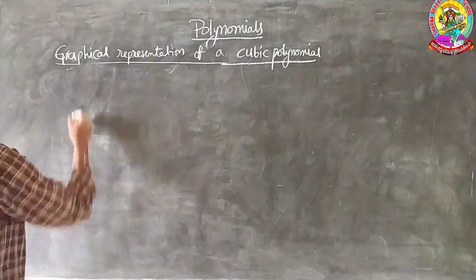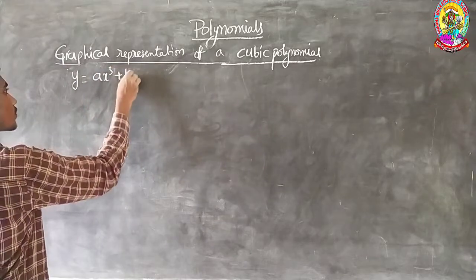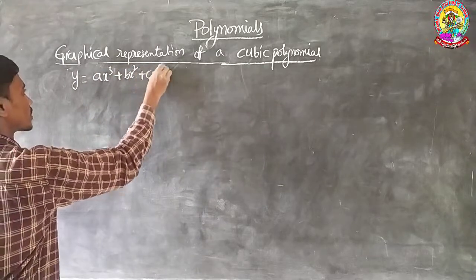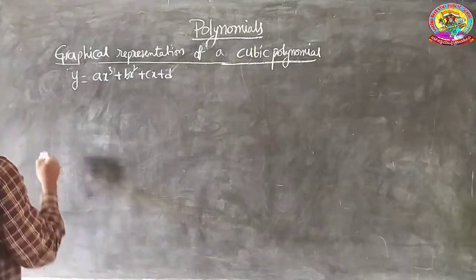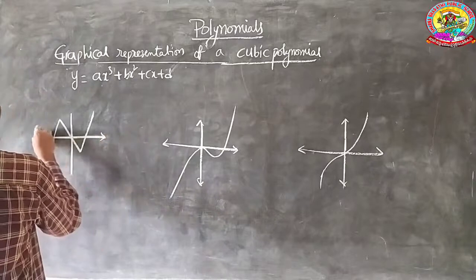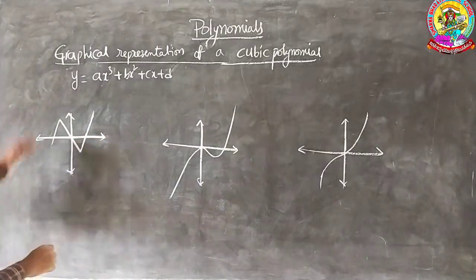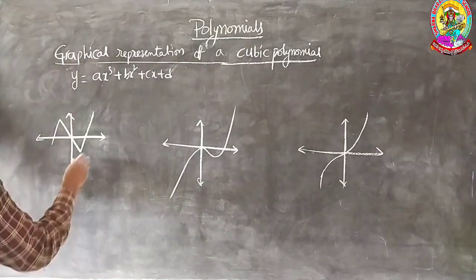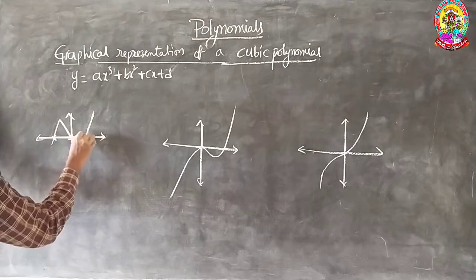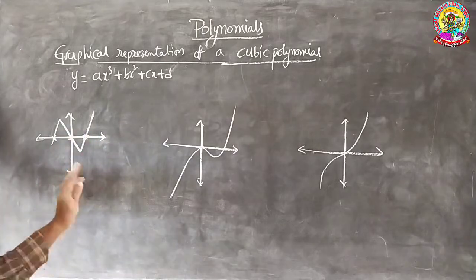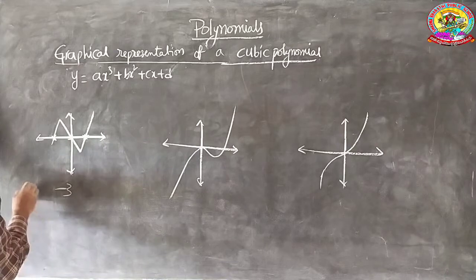Cubic polynomial: y is equal to ax cube plus bx square plus cx plus d. The cubic polynomial general form is like this, and the graphs are like this. Here the graph intersects the x-axis at three distinct points, so the number of zeros is 3.